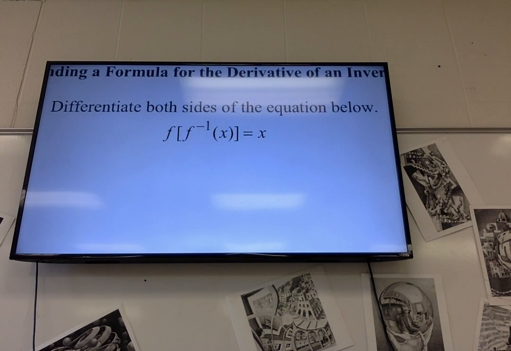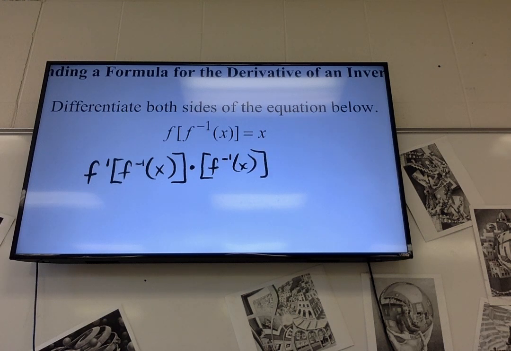So we take the derivative of the whole thing on the left. It's F prime of F inverse of X times the derivative of what's inside, F inverse of X prime, equals the derivative of X, which is 1.